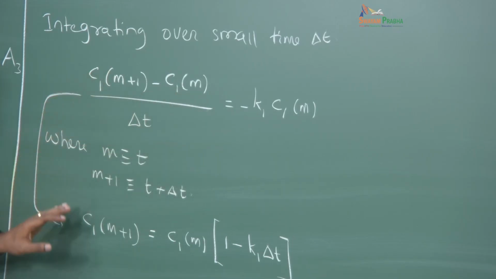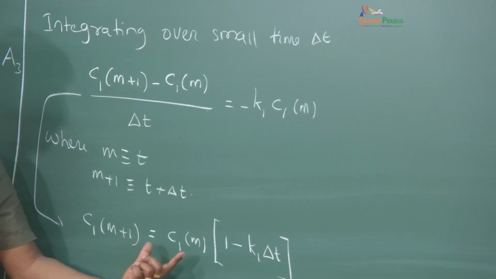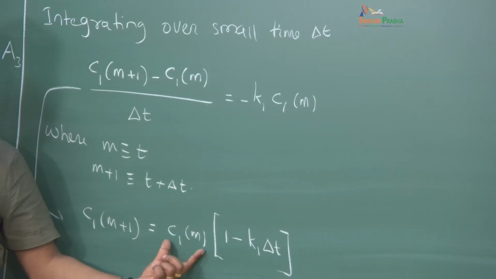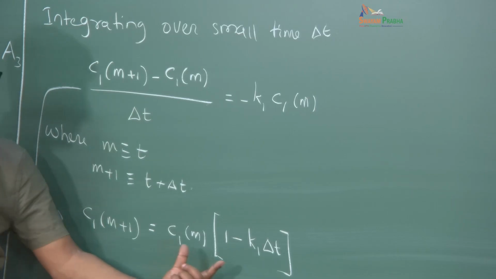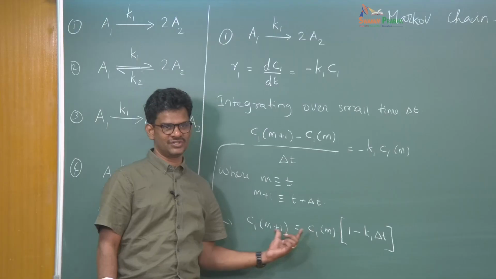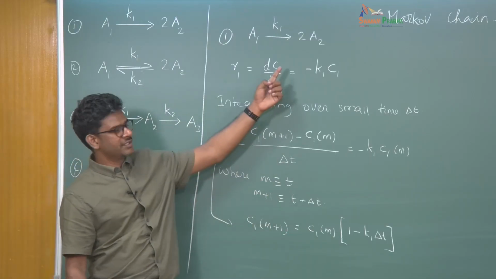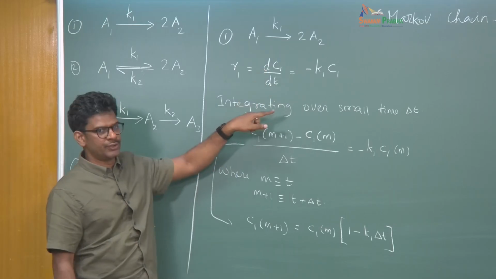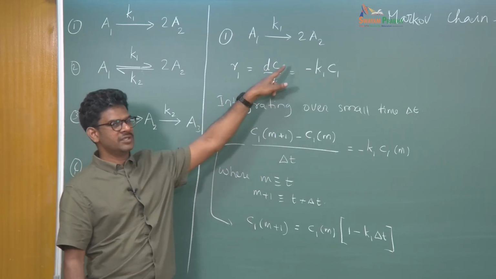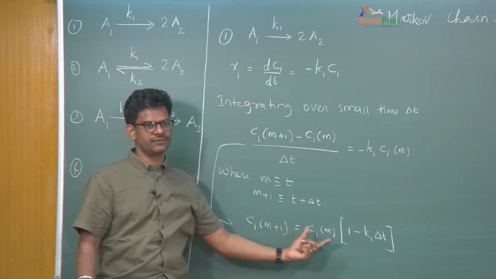When you rewrite this, you can relate the next time step concentration to the current concentration with some variable that changes. This is more like a transition probability for this change. Now this is for only species 1. I have another species also, so I can repeat the same exercise for species 2 and get a similar expression for C2.